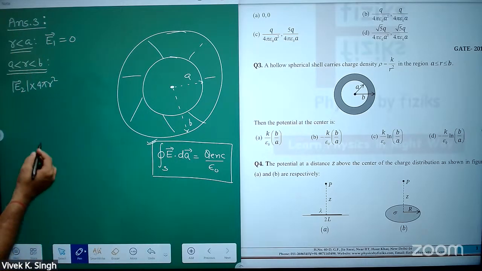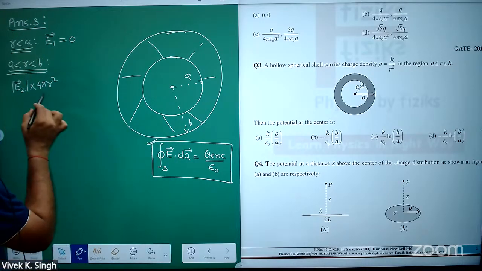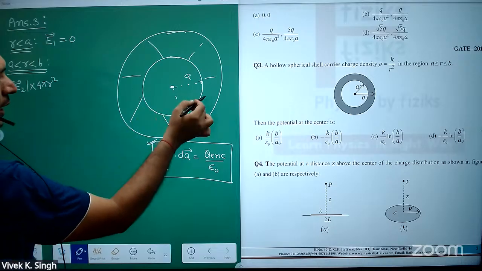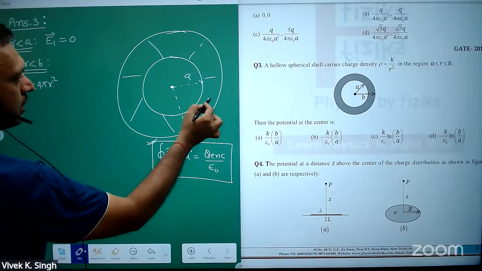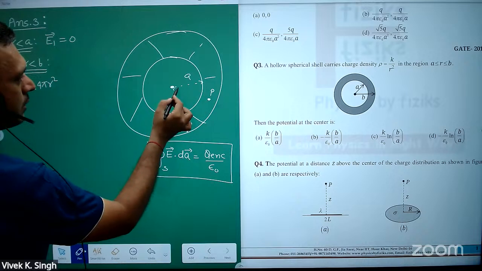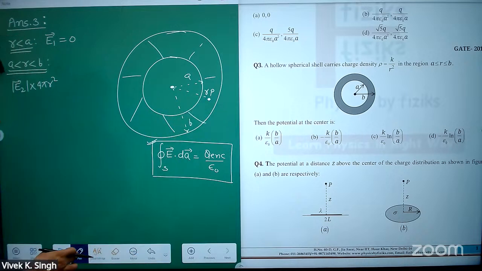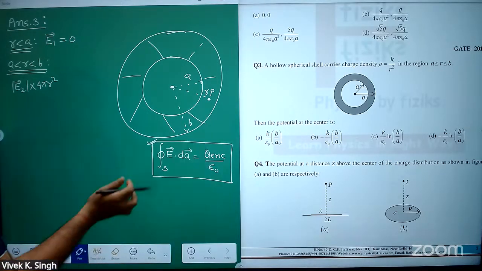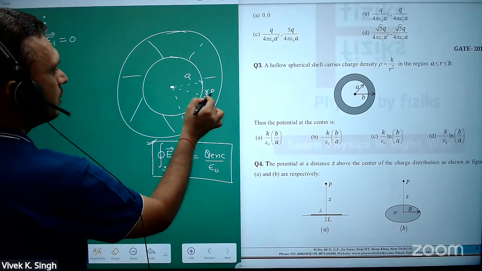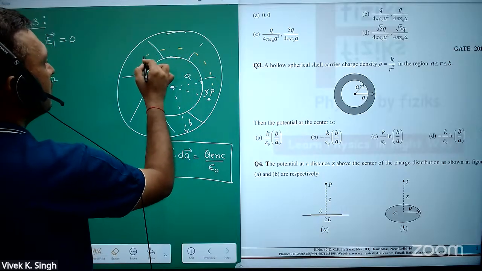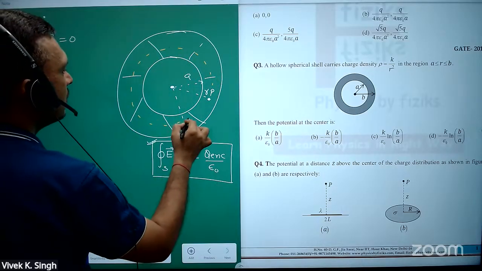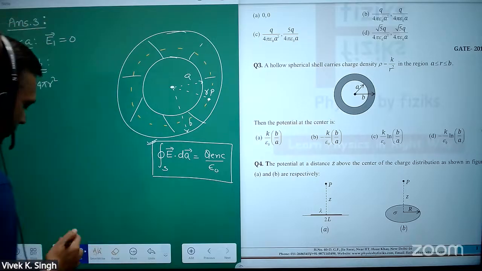So in a spherical symmetry, I'm taking any point in this region. Let's say this point P is r distance away. So you have to draw a Gaussian surface. This will be the Gaussian surface.